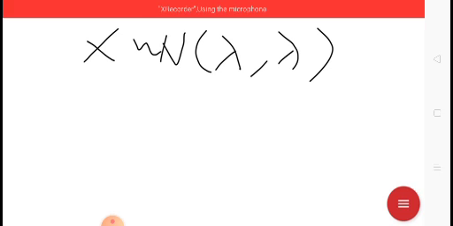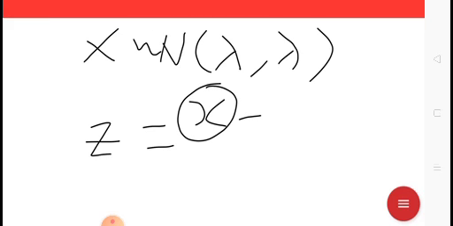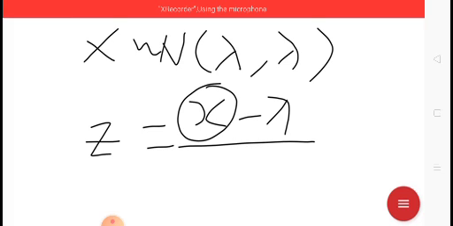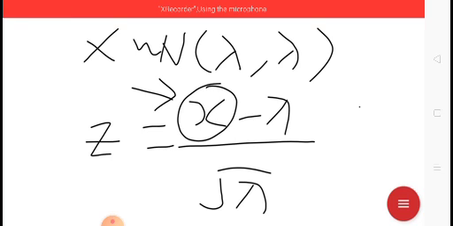If you want to find the z value, you will have x minus lambda, where x is the value given in the question and lambda is the benchmark that you need to compare, divided by the square root of lambda, the standard deviation. For this question, don't forget that for this x you also need to do the continuity correction.